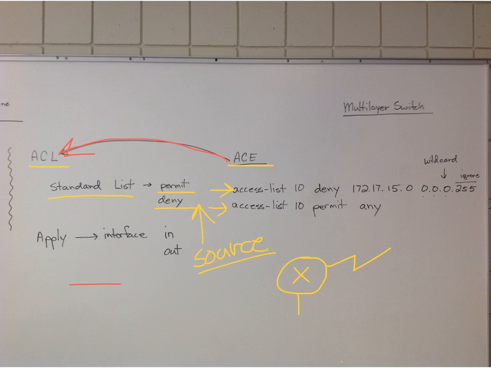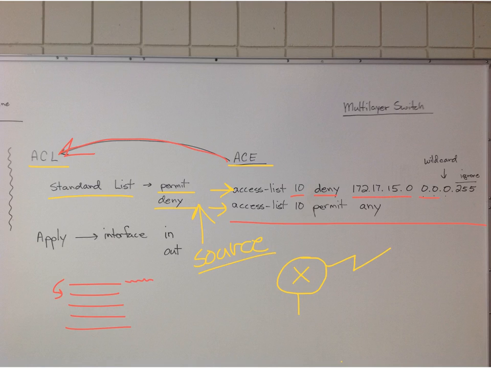Access control lists are executed down. If it finds a match, it does what's there. If it doesn't find a match, it goes to the next entry. Okay? So we have these. So we did an example. Access list 10, that's a standard. We're going to deny if we get a match here.